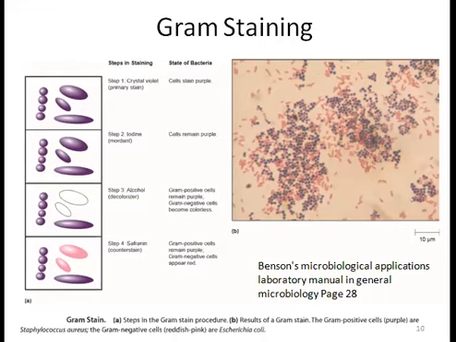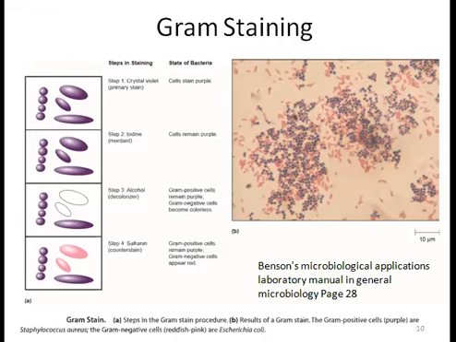For the Gram staining, the first step is to fix the bacteria on the slide by some fixation method. For example, you will fix the bacteria on the slide using heat fixation or chemical fixation. I already told you the procedure of fixation.